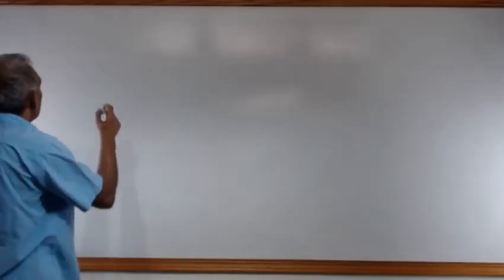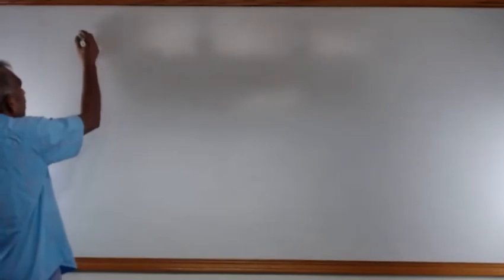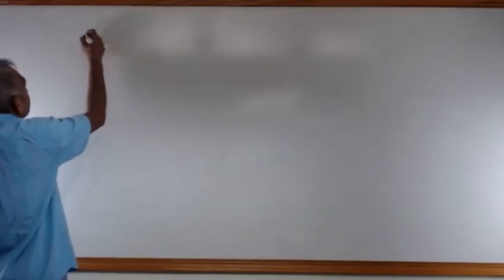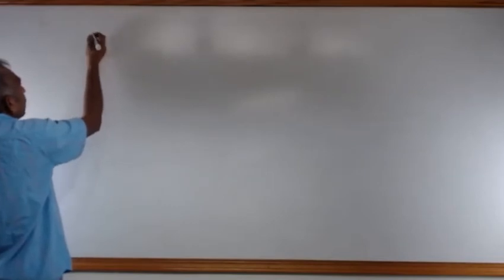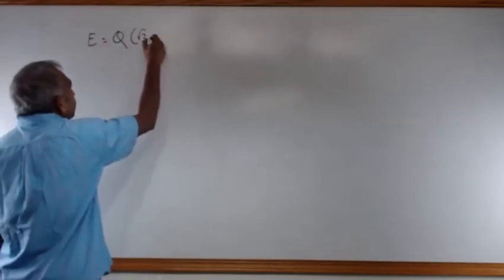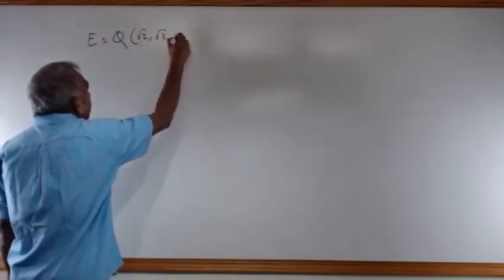We will do one very simple problem to get familiarized with the conjugate isomorphisms and composition of automorphisms. So let's take E is equal to Q of, same thing, Q of root 2, root 3 and root 5.